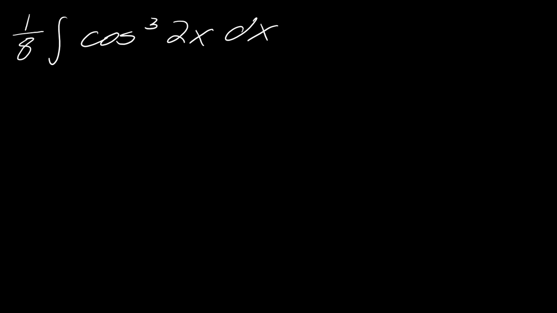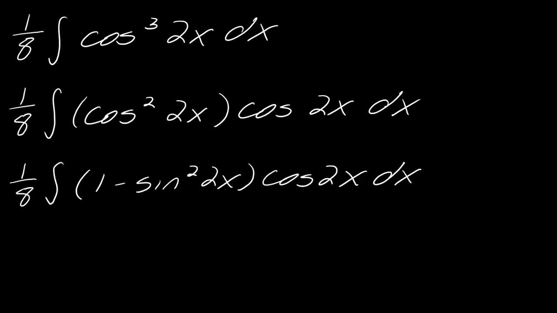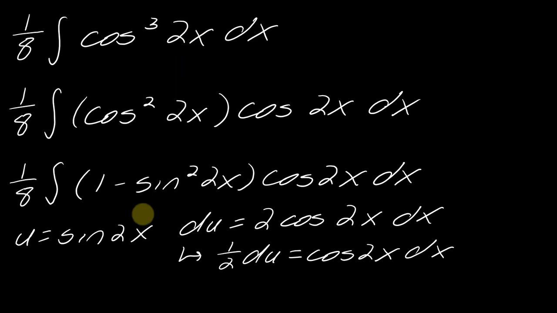So now I've got 1/8 cosine cubed 2x. So what I'm going to do is break up that cosine cubed into cosine squared and cosine. And then I can go ahead and switch the cosine squared into 1 minus sine squared 2x. And from here, now we can use substitution again. So my u will be sine 2x, my du will be 2 cosine 2x, and then I have to just rearrange this so that I can actually substitute.